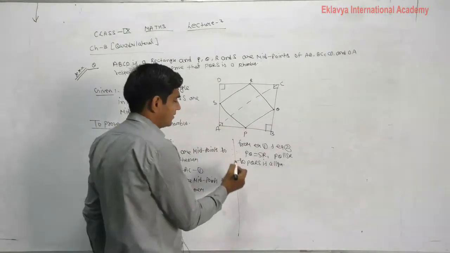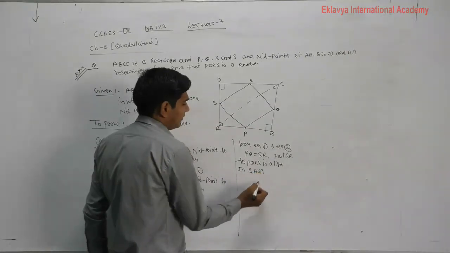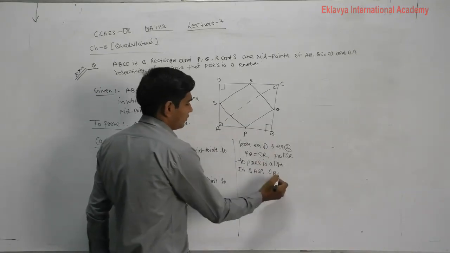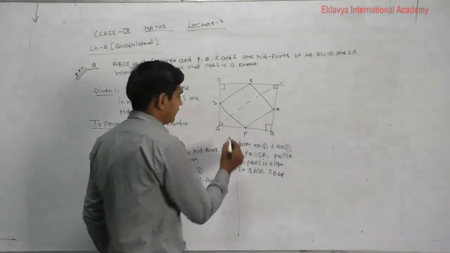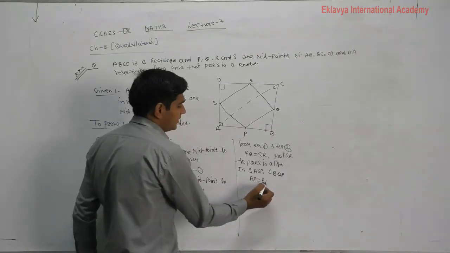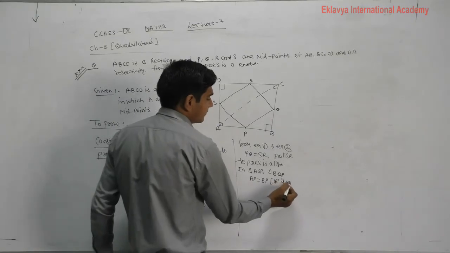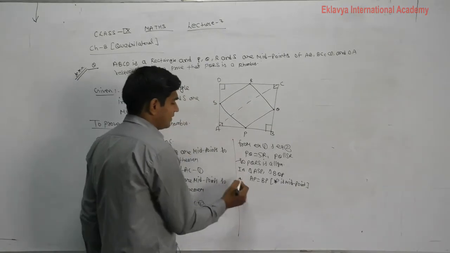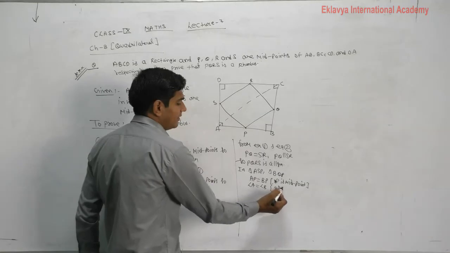So next part, in triangle ASP and second triangle BQP, we want to prove congruency. So first of all, AP is equal to BP. Reason: P is the midpoint. Second, angle A is equal to angle B, 90 degrees.